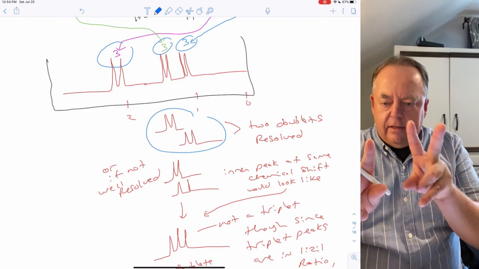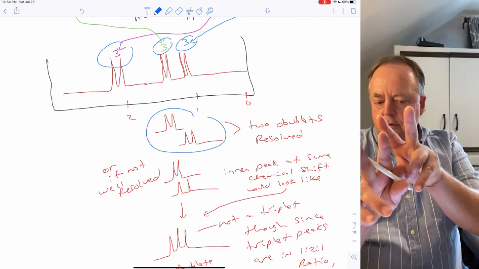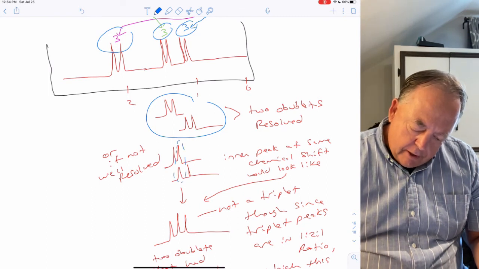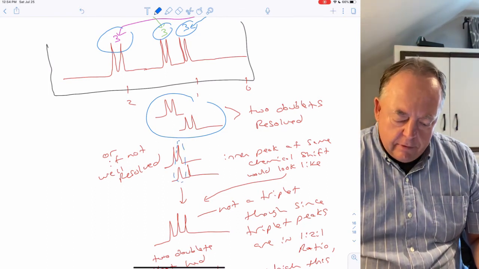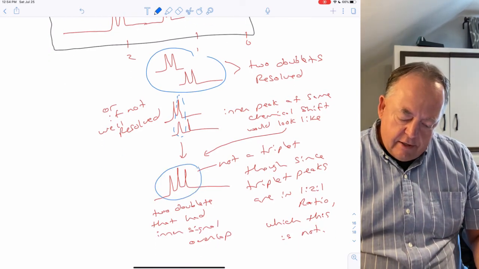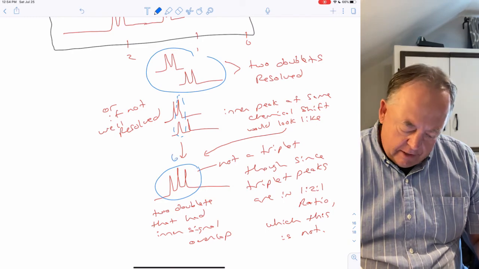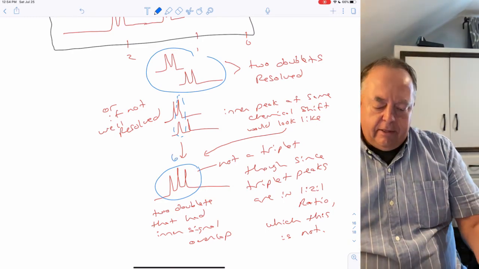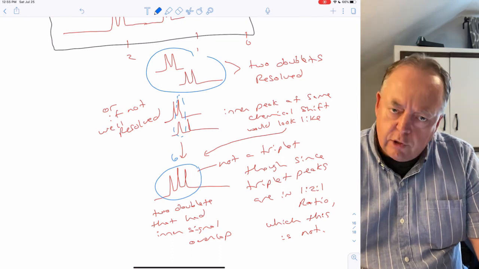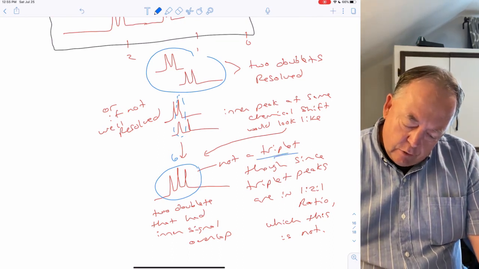Or you could find that the chemical shifts were similar. I've drawn them here to illustrate that this inner peak, for example, could be at a similar chemical shift. Now if we took those and superimposed them on each other, then it looks like a triplet integrated to 6. And that could be deceptive. You could say, okay, a triplet needs to have 2 neighbors, but it doesn't because it's not really a triplet. How do you know it's not a triplet?